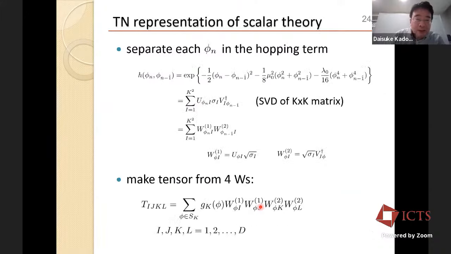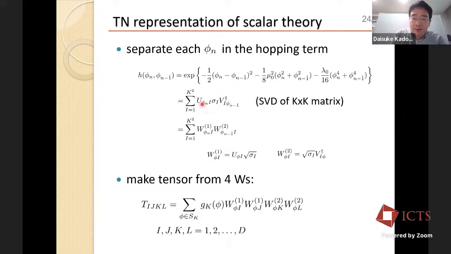So after discretization of the scalar field, the hopping term becomes a k by k matrix. Once the k by k matrix is given, we can use the SVD of the matrix like this.